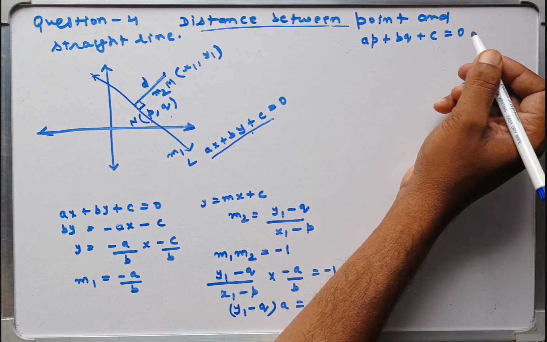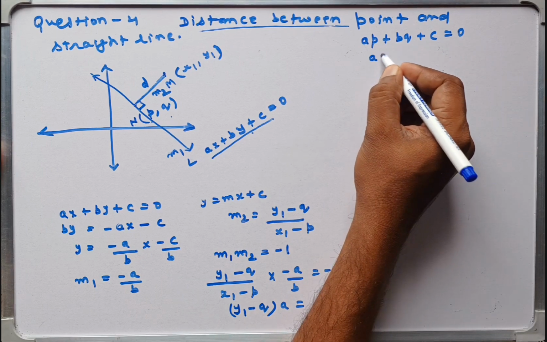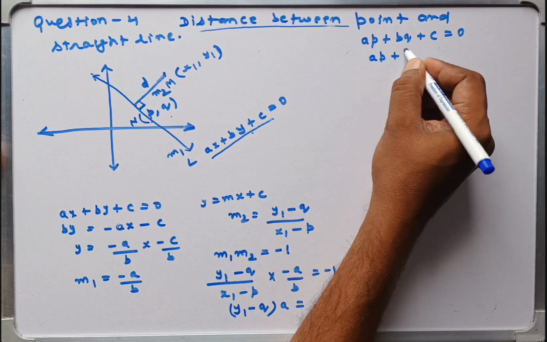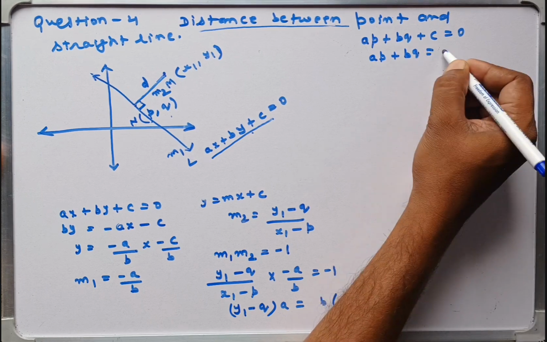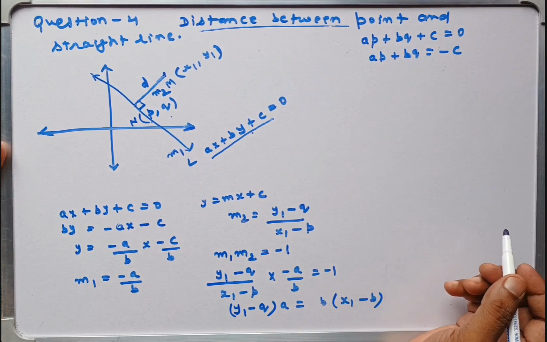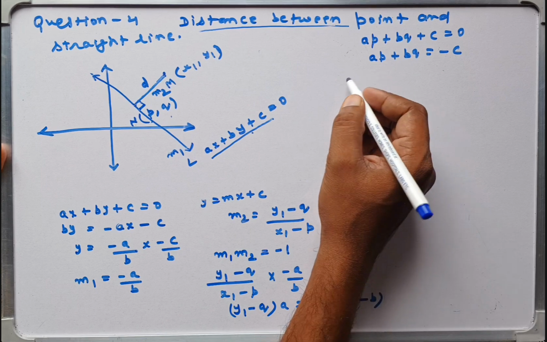Okay, and we can also write it as ap plus bq equal to minus c. Guys, next one is here.